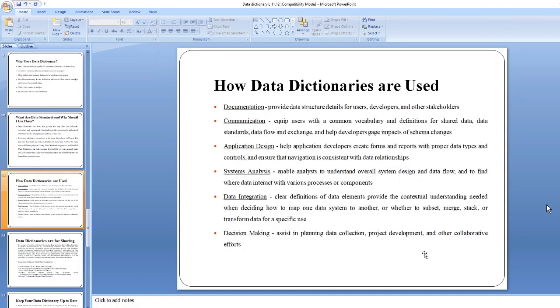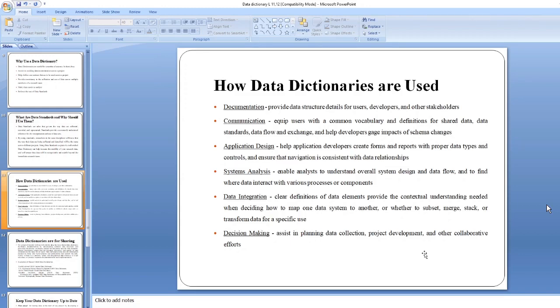Now, application design. Application design helps application developers create forms and reports with proper data types and controls, and this would ensure that navigation is consistent with data relationships. Systems analysis enables analysts to understand overall system design and data flow.